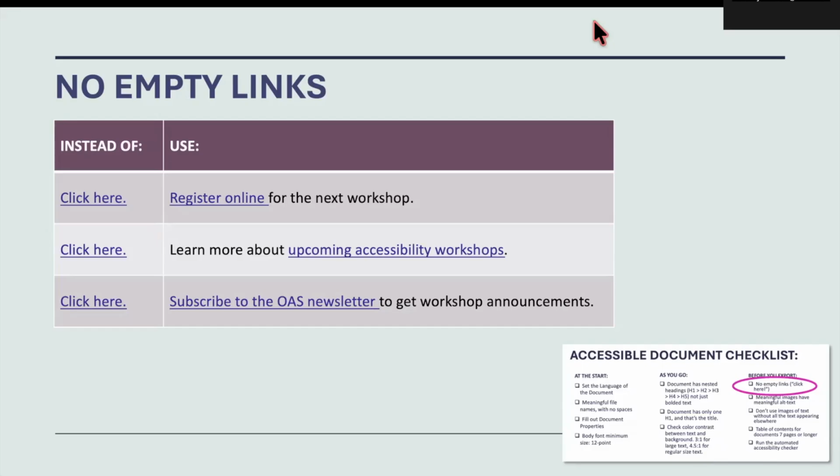That way people will know, hey, I'm going to a registration page. Instead of click here, you could say learn more about upcoming accessibility workshops and make upcoming accessibility workshops the link. And then people would know that when they click that link, they're going to find out more information about workshops. Instead of click here, you could have subscribe to the OAS newsletter. Make that a link, and then people will know they're going to a subscription page.